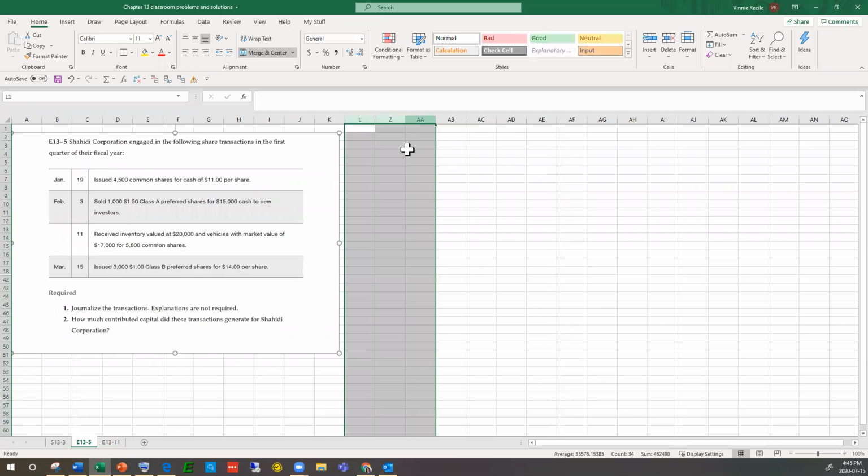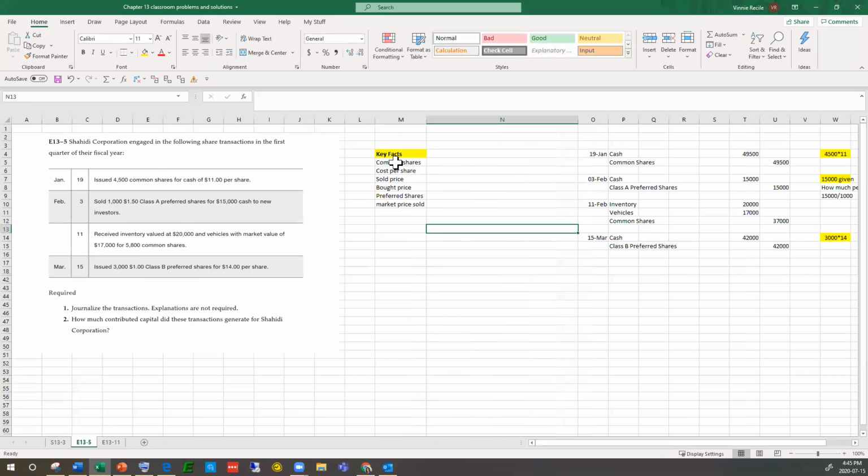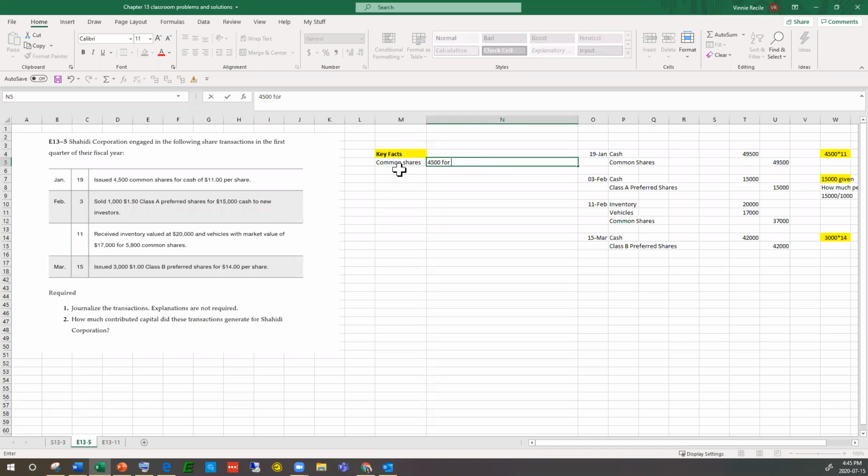So let's take a look. We've got some key facts here. I'm going to break this down and jot it down for us. We've got common shares, 4,500 for $11 each. We've got preferred shares, 15,000 cash, 1,000 shares.